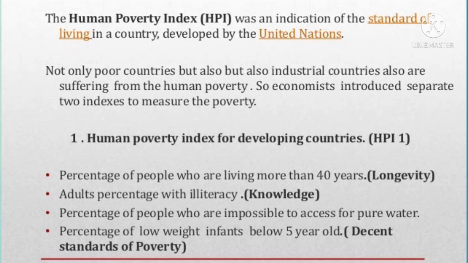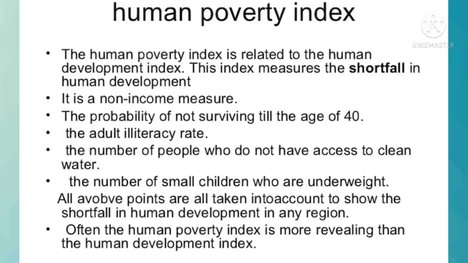The HPI measures the deficiencies in the three indicators of the Human Development Index: long and healthy life, knowledge and a decent standard of living. The HPI is meant to provide a broader view of human development and is adapted to developed countries to reveal social exclusion. It is a non-economic measure.